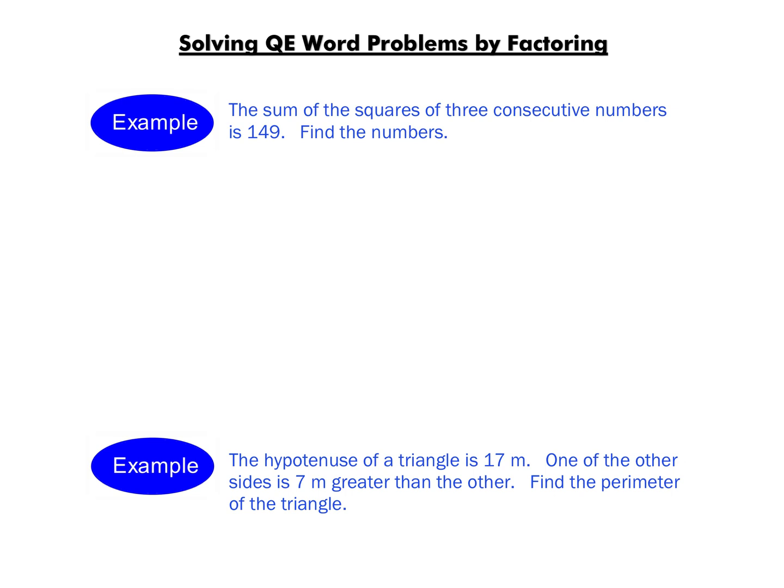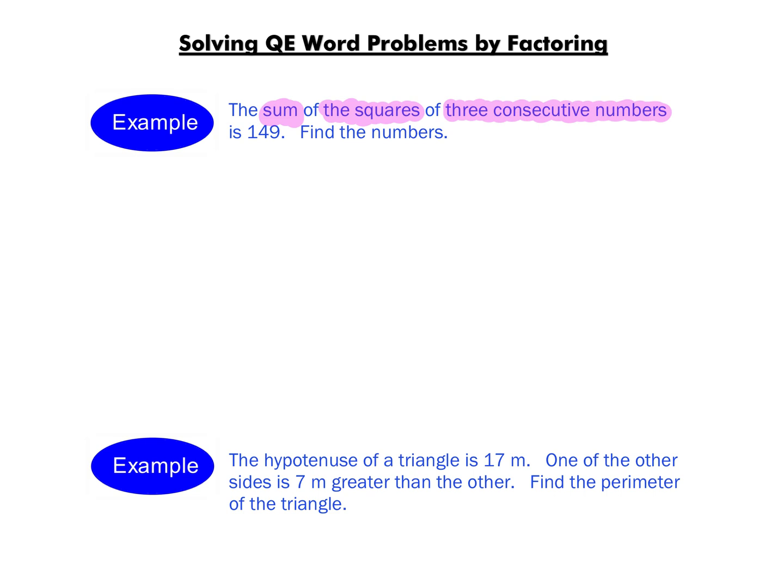So here we go. The sum, so that means we're going to be adding, of the squares, so that means we're going to be squaring stuff, of three consecutive numbers. So three consecutive numbers, what the heck does that mean?